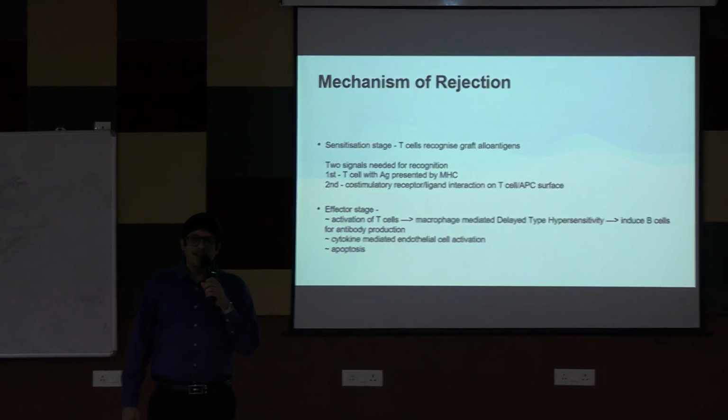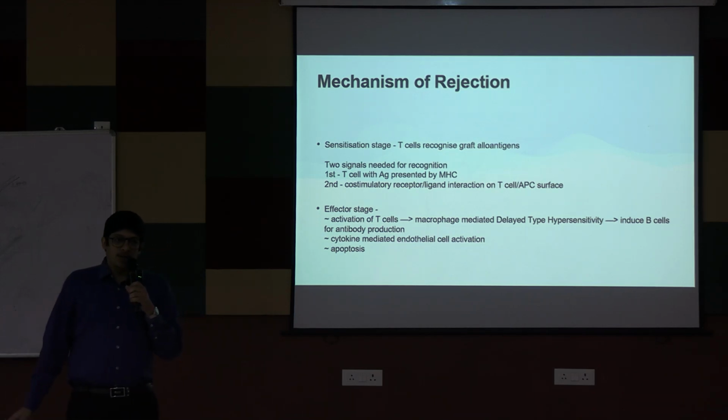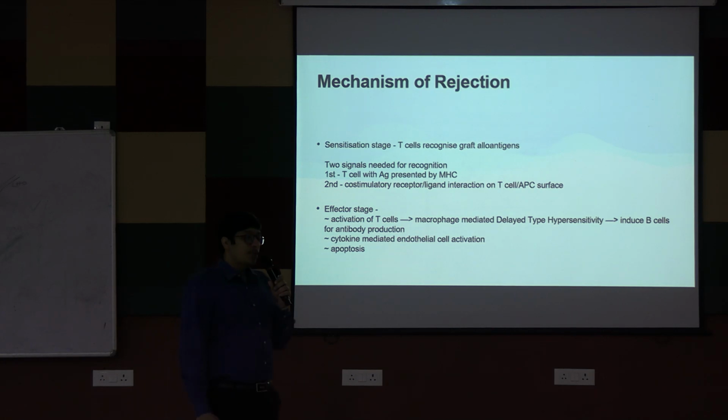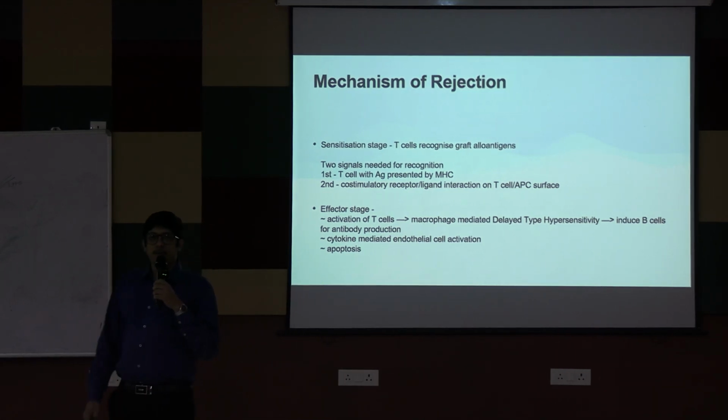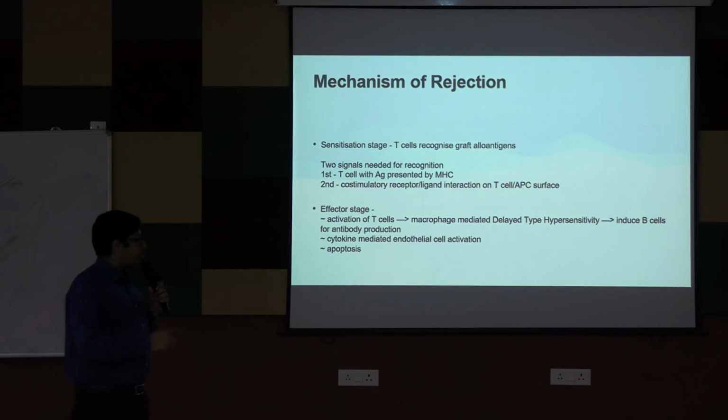This results in activation of the T cell, and the activated T cell stimulates B cell antibody production, and it stimulates release of cytokines and interleukins, which promote endothelial cell activation and which also eventually promotes apoptosis. So this is how a foreign protein induces apoptosis or cell death in the donor tissue.